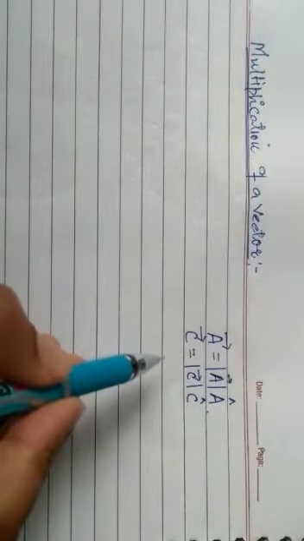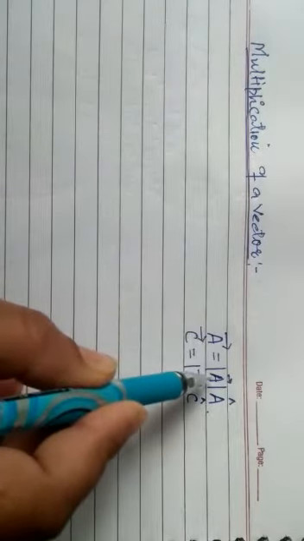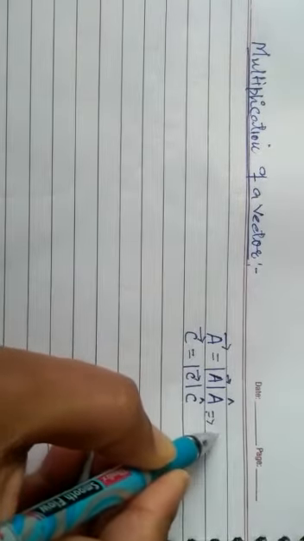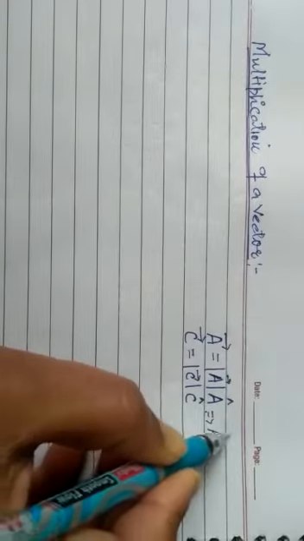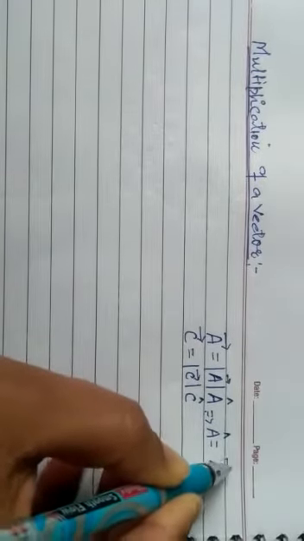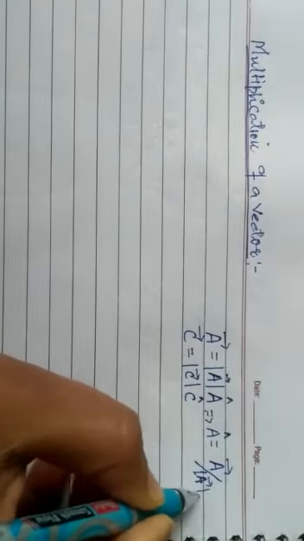So a vector is equal to the magnitude times the unit vector, which implies the unit vector comes out to be vector A over magnitude of A, and the same is the case here. Now today we have to read about the multiplication of a vector.